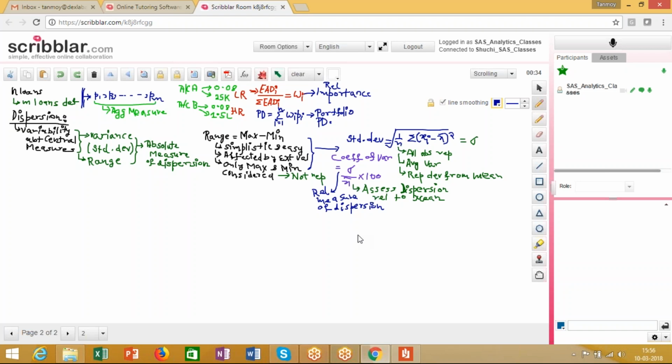Now the next part is, where do I use this coefficient of variation? Why would I need to do this? For this, let's think about a stock.